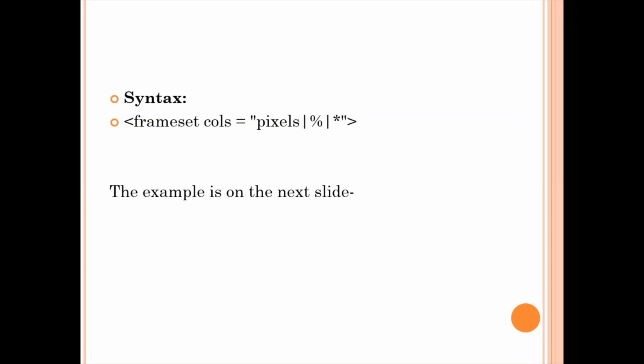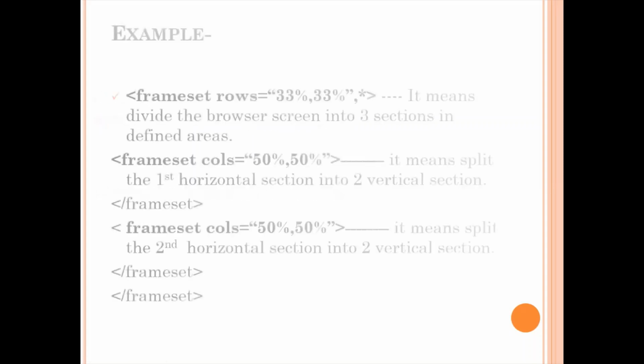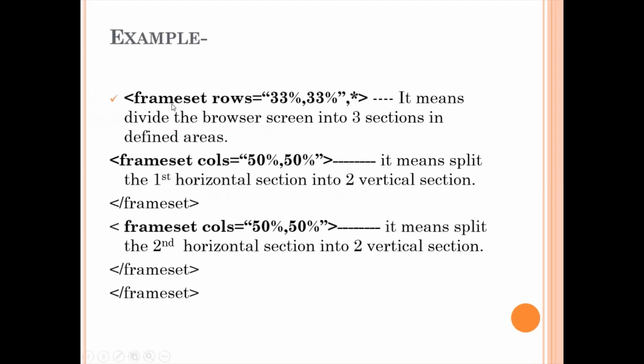Remaining space means, look at this example, here we want to divide the browser screen into three different rows, that is 33%, 33%, and I have used an asterisk.